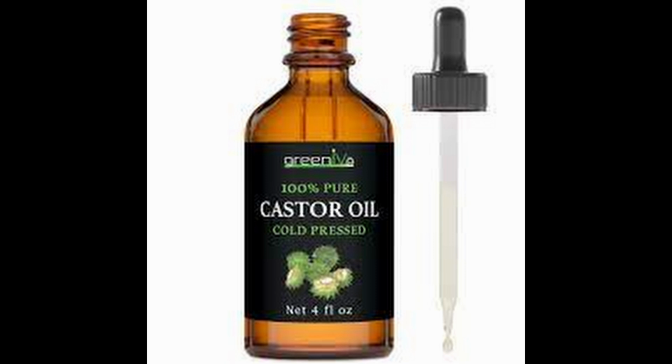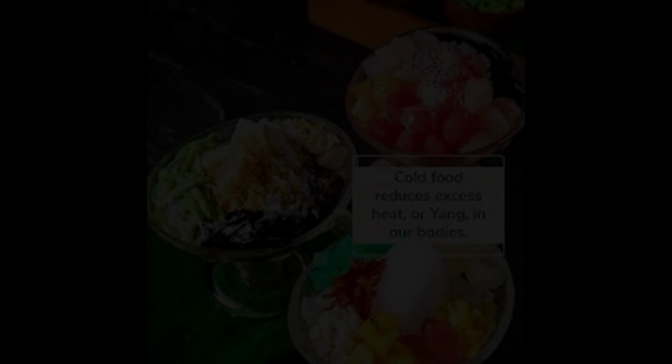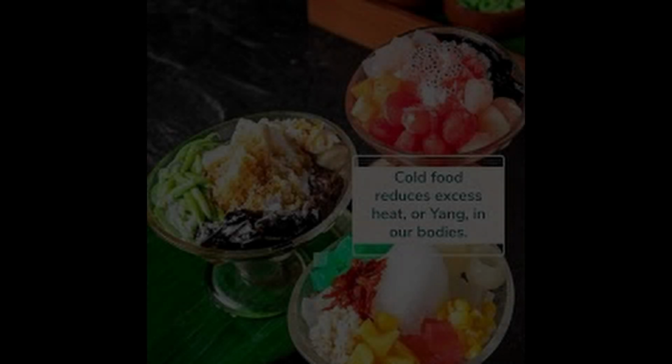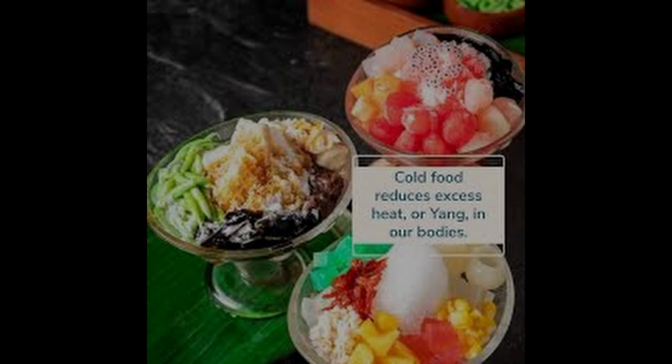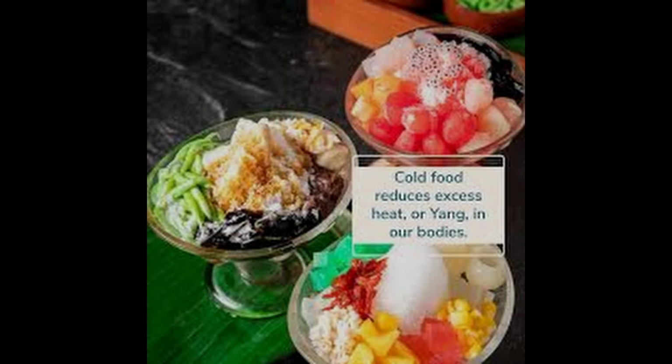Okay, and then the second thing that's really important is to avoid eating foods that are going to create more heat for the large intestine and the stomach as well, because it's an extension. So the foods that I want you to cut back on are red meats, especially lamb. Lamb is very hot.